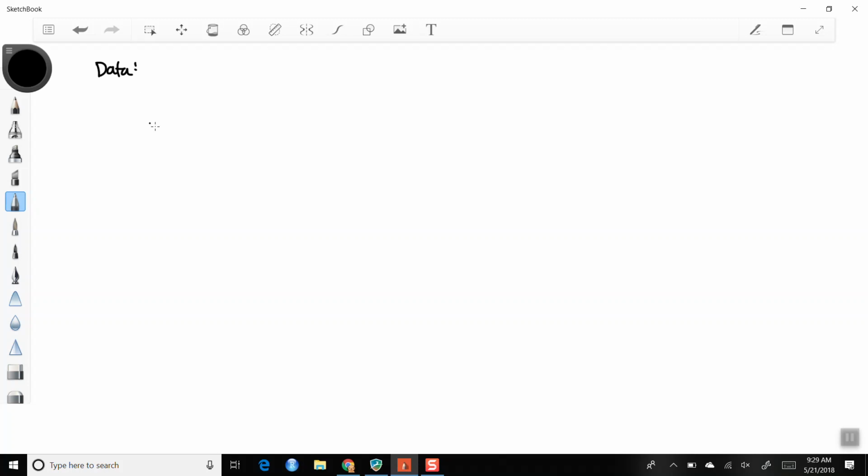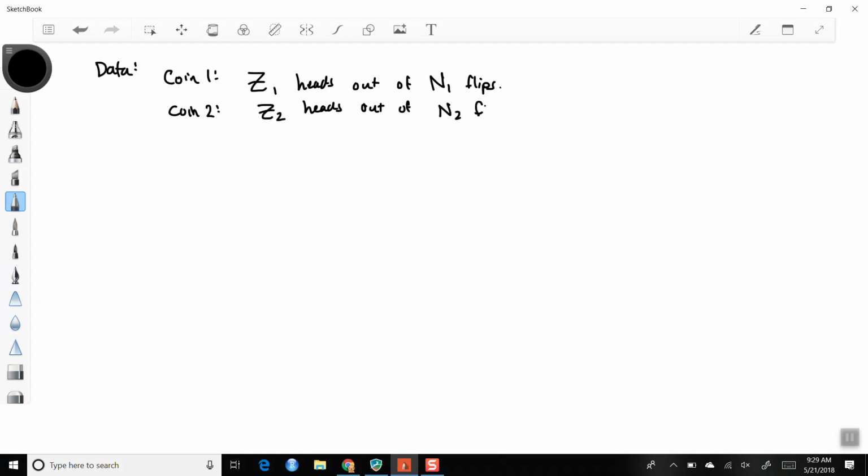For coin 1, we will have Z1 heads out of N1 flips. And then for coin 2, we have Z2 heads out of N2 flips.